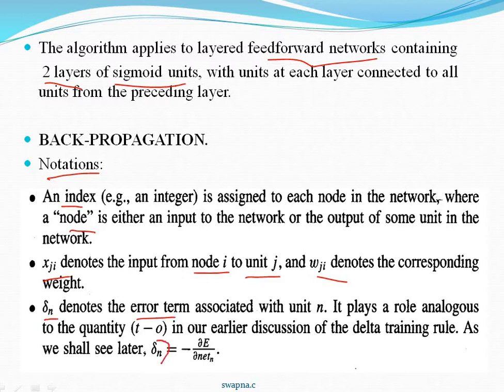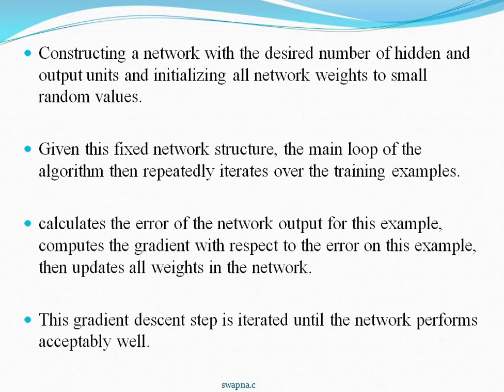To understand this, when we apply the back-propagation method, the error term is represented with the delta symbol, and we take the minus of the derivative of the error with respect to the net output units.